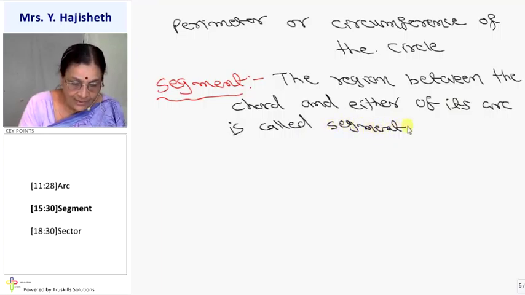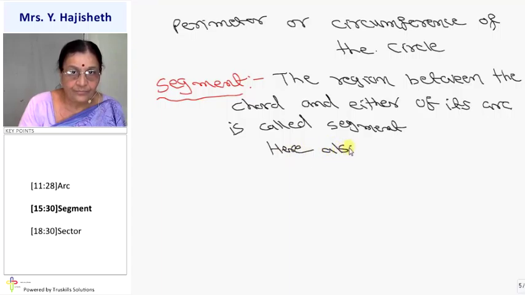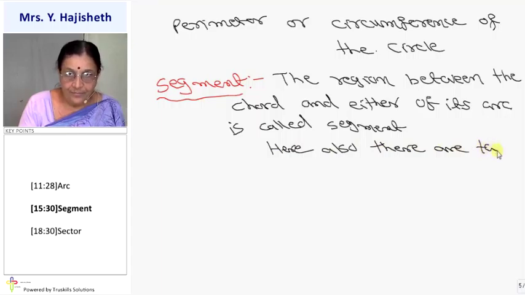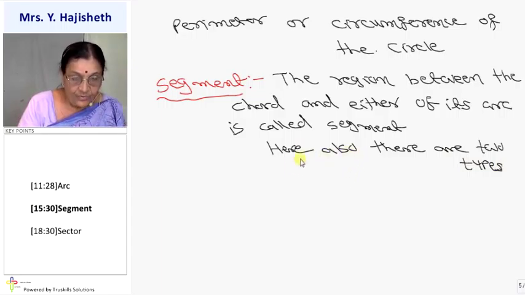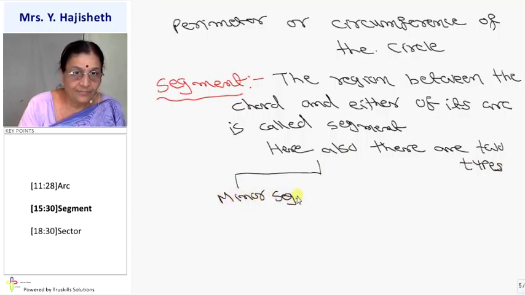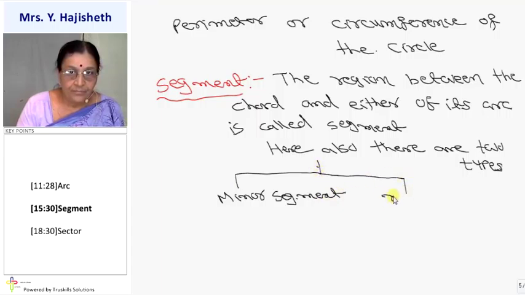If it is with a minor arc, it is called a minor segment. If it is with a major arc, it is a major segment. Here also there are two types: one is minor segment, another is major segment.